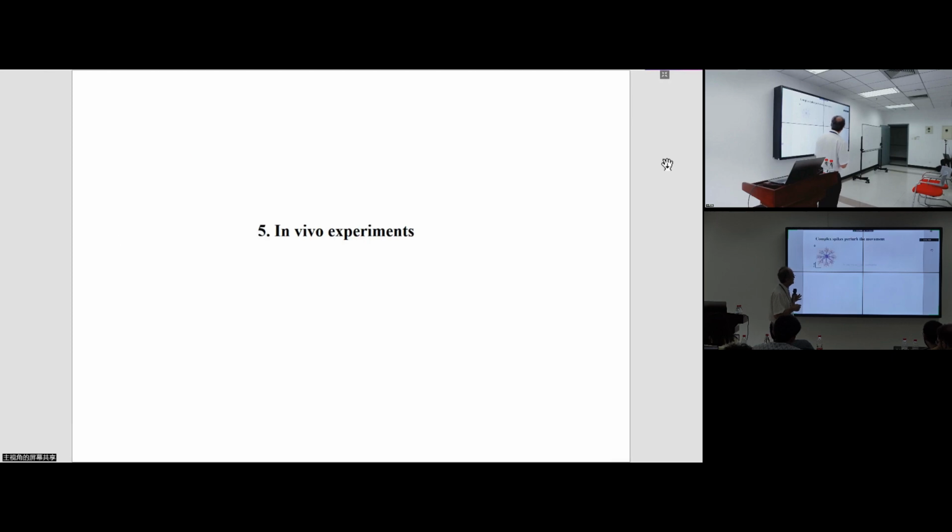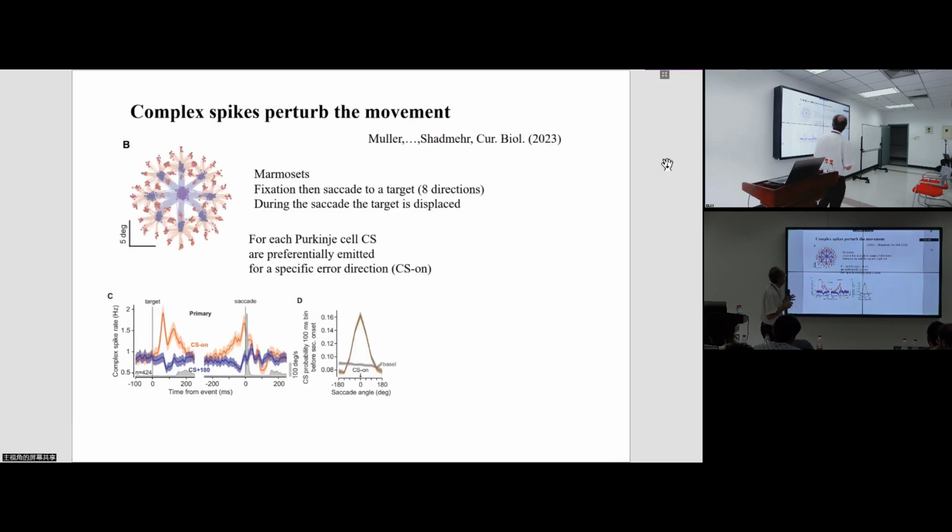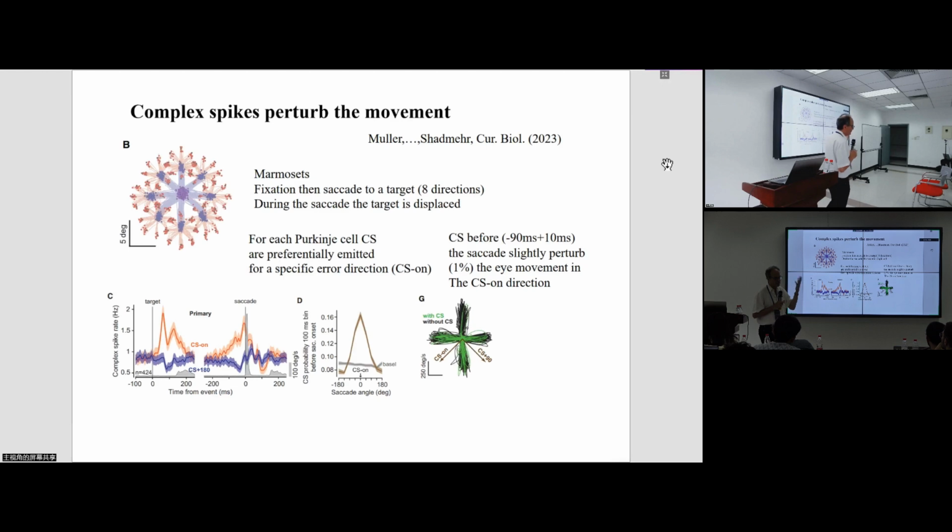One experiment that I think was nice: the first thing for this to make sense is that, as I said, you perturb the movement by this complex spike, and then you improve it. So the first thing you need to show is that if you have a complex spike during a movement, it will perturb the movement.